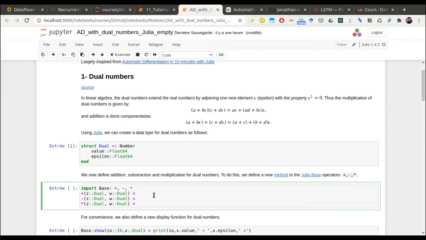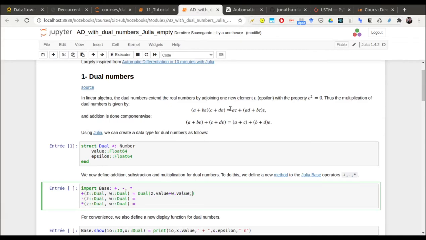So here it's very simple. What I want to do is just construct a new dual, and the value will be what? It's just the sum of the value of the first one and the second one. Okay, so this is for the value.